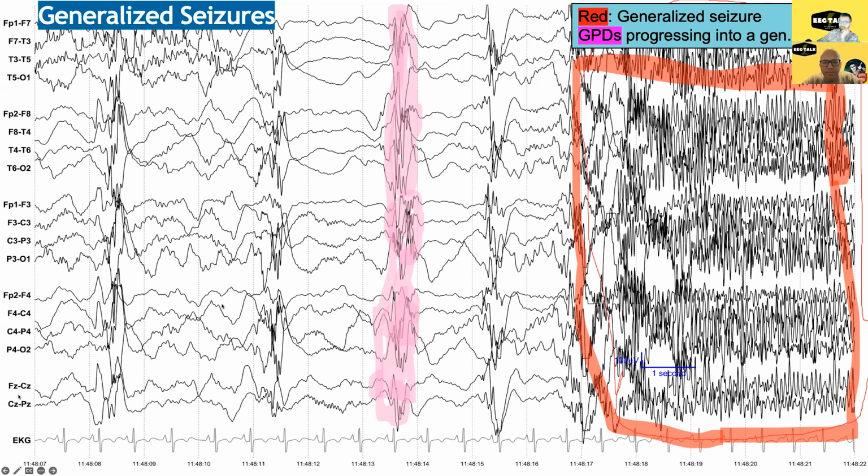Generalized everywhere, discharges that evolve into something more interesting here at the end, which looks like a generalized seizure. Very fast, high voltage, very spiky activity. This is a generalized seizure. Perfect. So we saw focal, now we're seeing generalized seizure. Now we know how they look.